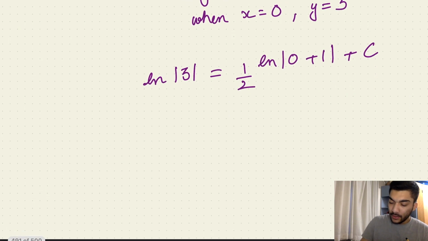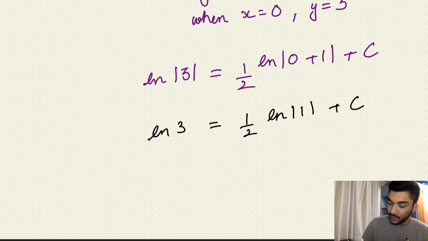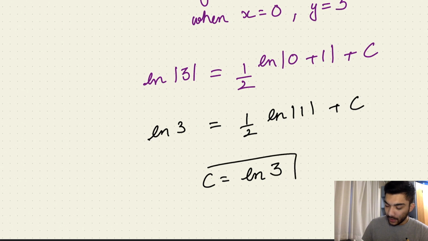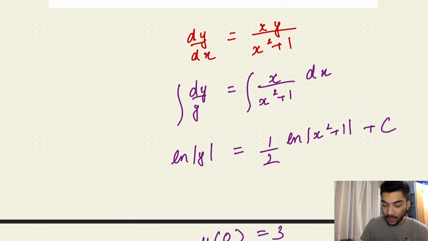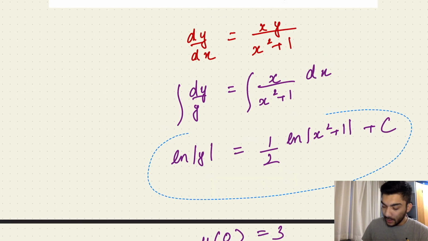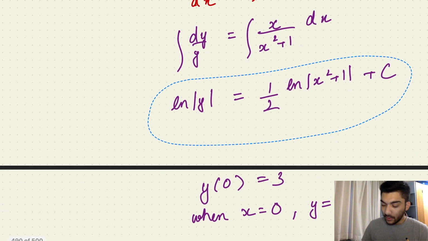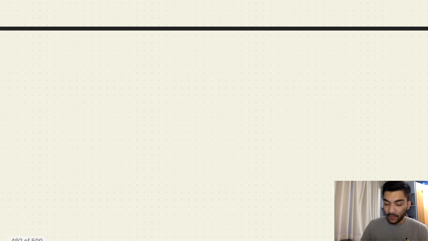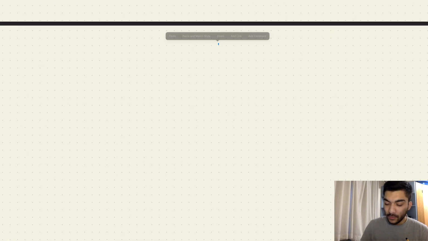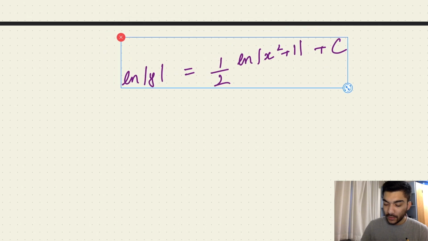So now you'll get ln 3 equals 1 by 2 ln 1 plus c, and you know ln 1 is 0, so your c is now equal to ln 3 in this case. Since you got your c, you can use the value of your c to get your final solution, the final function, which would be the solution to your differential equation, right?